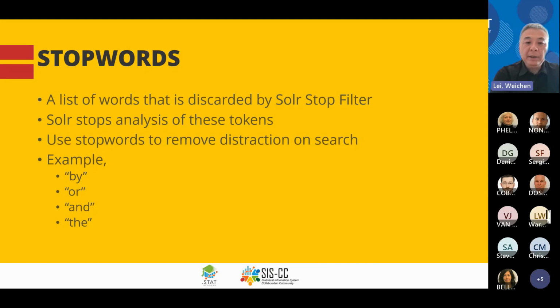Ideally, you want the Solr search engine to ignore these common words that don't play a role in the meaning, and just focus on the terms that you actually want to search. By providing a list of stopwords, it can remove these distractions from the search.